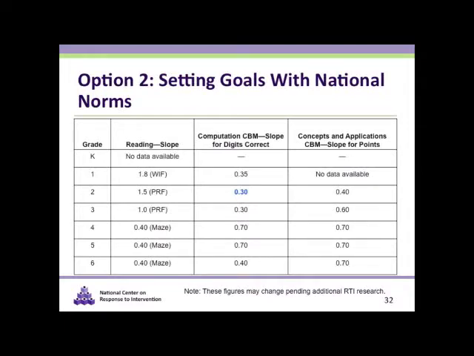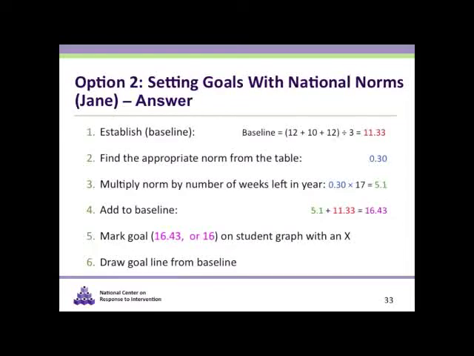Jane is a second grade student using CBM computation for progress monitoring. A slope of 0.30 is the national norm for weekly rate of improvement for Jane. This is how to use national norms for weekly rate of improvement to calculate Jane's end-of-year goal. First, the baseline of the most recent 3 scores is calculated. Jane's baseline is 11.33.